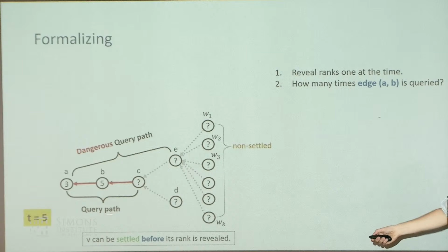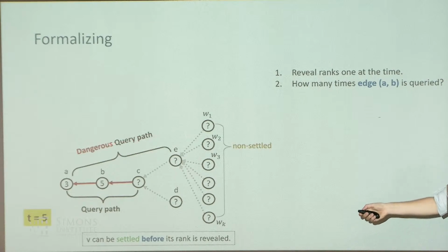I'm calling this a query path, and I'm calling this a dangerous query path. We call this in the paper a dangerous extended query path, but here I'm calling it a dangerous query path. It doesn't mean that E, C, B, E will ever be a query path, but it means that it has potential to become a query path and then potentially be affected by many of these neighbors. Okay, so this is my definition.